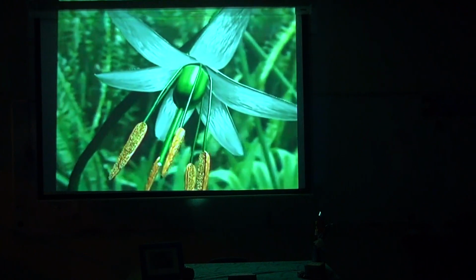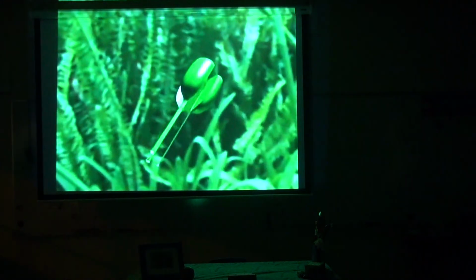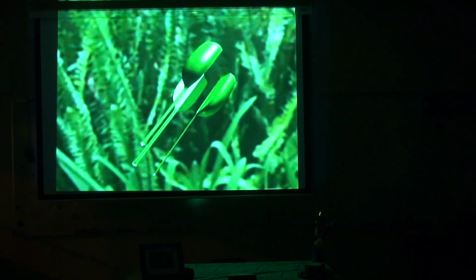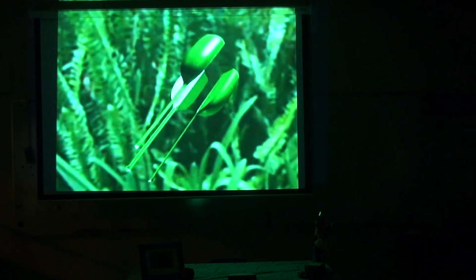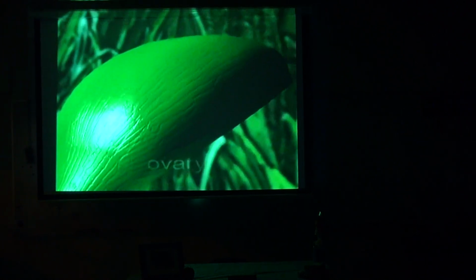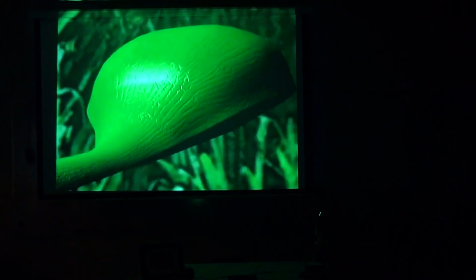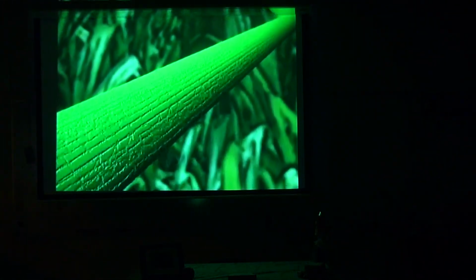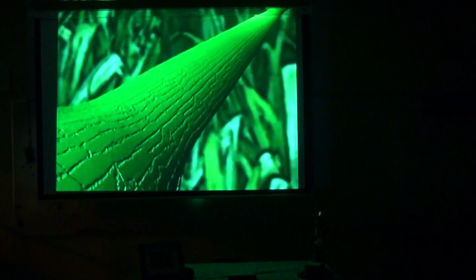At the center of the flower, there are 3 carpels. At the base of each carpel, ovules have an enlarged ovary. A slender style extends from the ovary. And at the tip of the style, there is a stigma.